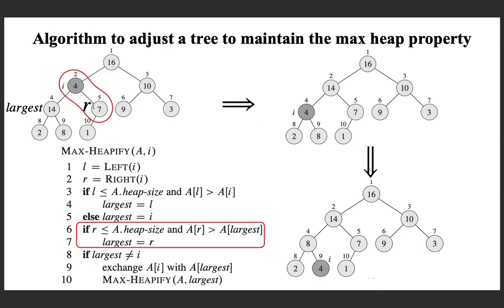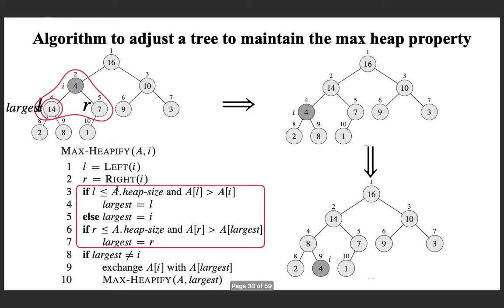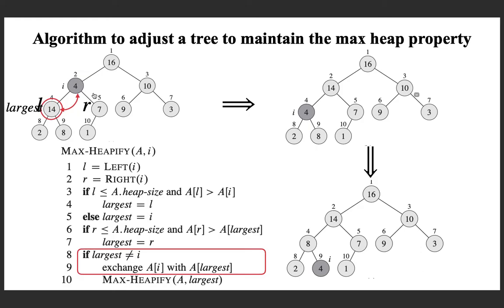Between 14 and 7, in this particular case 14 is the largest of the two. So basically what we are doing in this part of the code is looking at the left child and right child and obtaining the index of the largest among these three, which in this particular case is 14, whose index 4 is available in largest. And after that, we interchange, and that is what we do here.